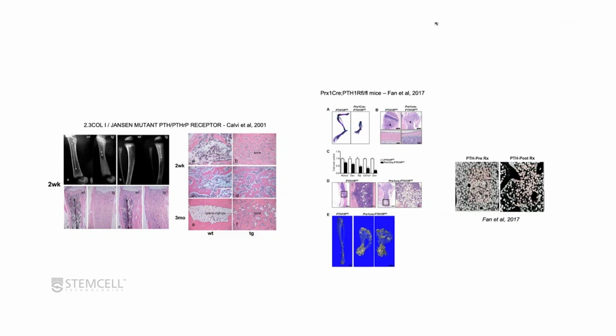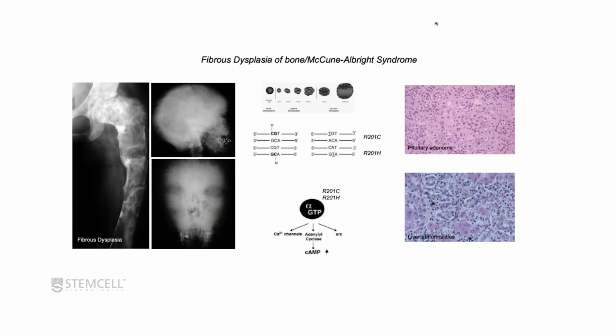And since this pathway uses the Gs-alpha cyclic AMP system as the major downstream mediator, these data directly bring us to the disease that I would like to talk about, fibrous dysplasia of bone, a disease caused by mutations of the gene encoding the alpha subunit of the stimulatory G protein, Gs-alpha.